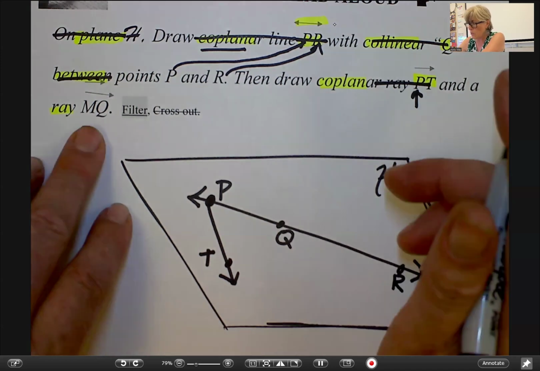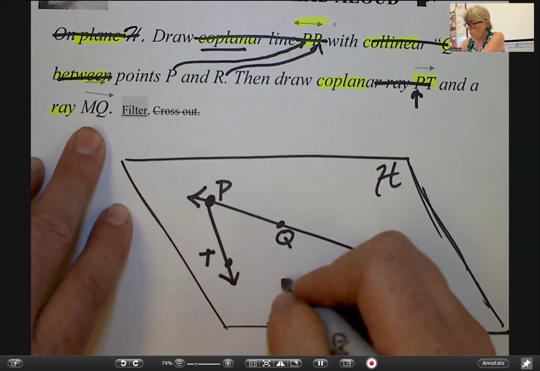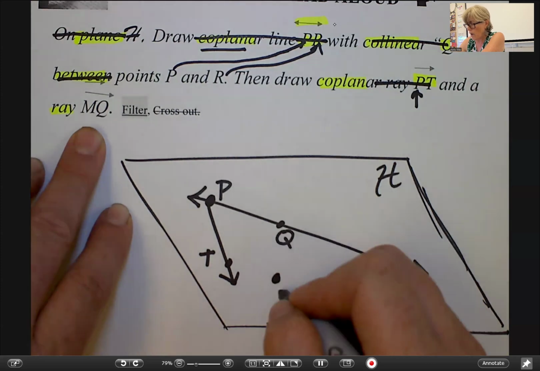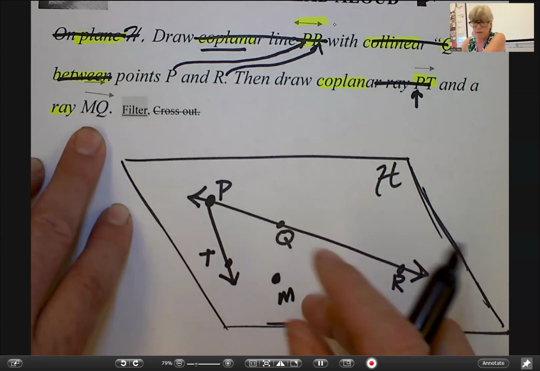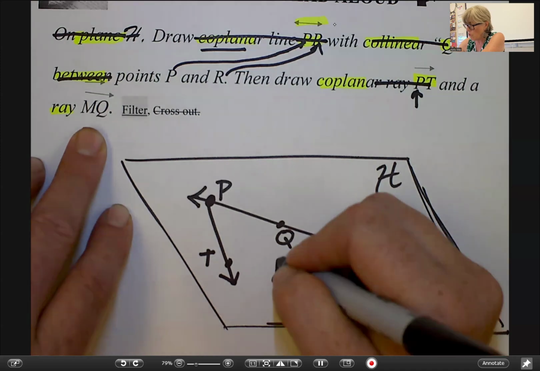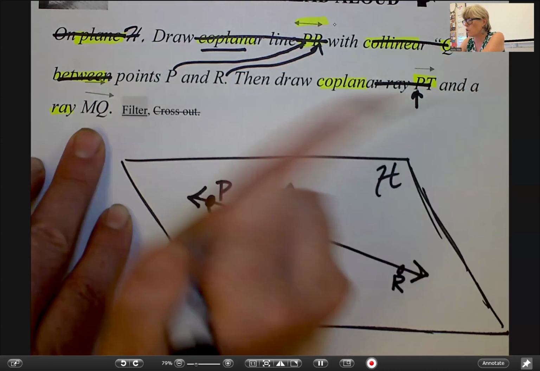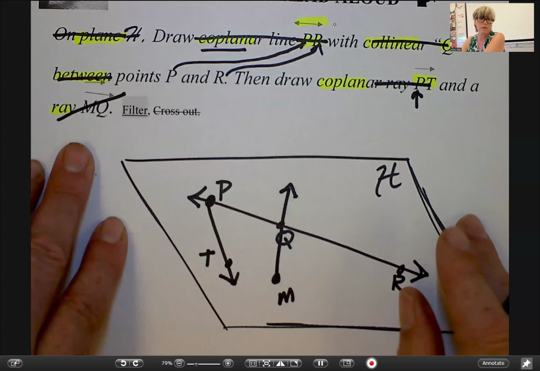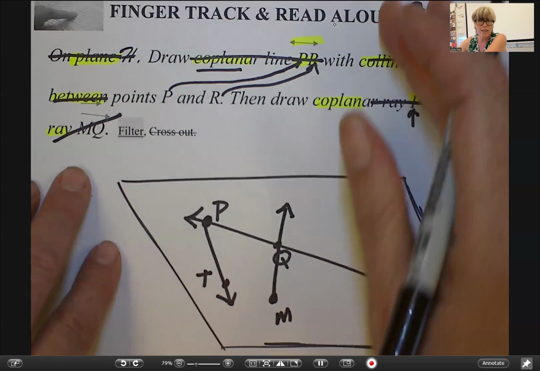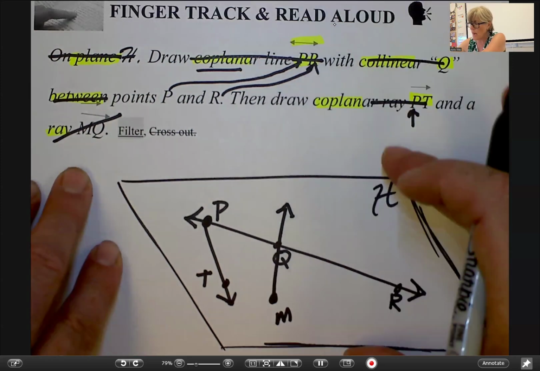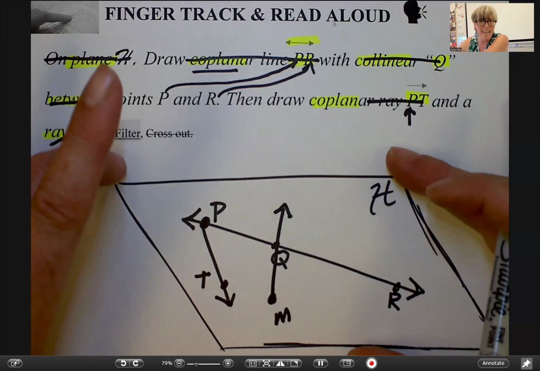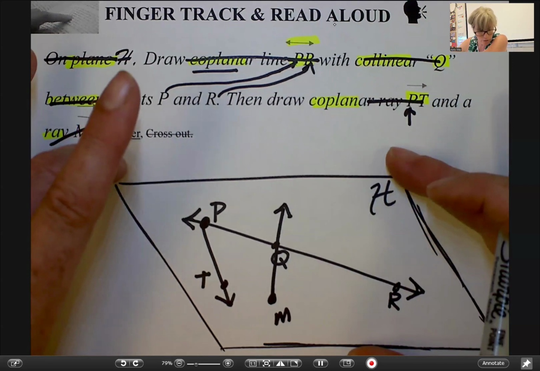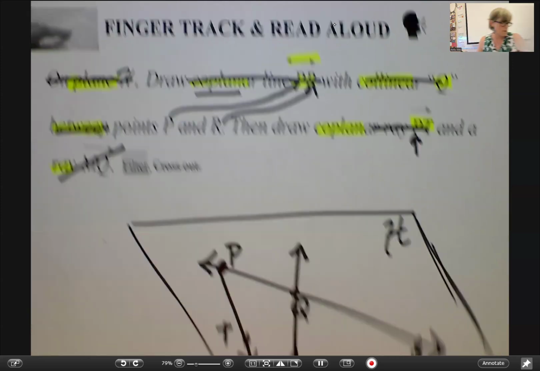M is the end point. So you must start a ray at a point off of the line. And we're going through Q because Q is your arrow point. Behold, this is a geometric sentence. Good job. We're going to do a couple more of these.